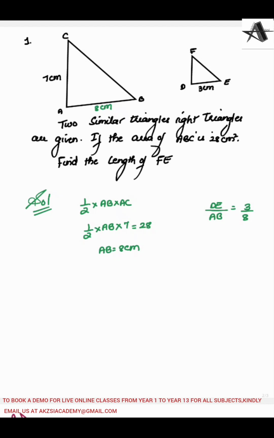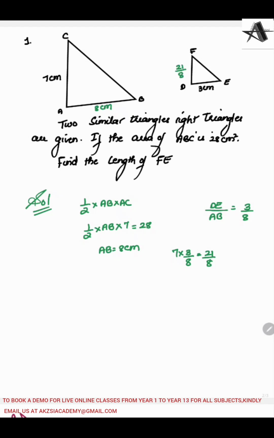Just like if you see 8 centimeters, if you multiply 8 by 3 over 8, you will get 3 centimeters. Similarly, to get DF, you have to multiply it with 3 over 8. So 7 multiplied by 3 over 8 will give you 21 over 8. So this one is going to be 21 over 8.